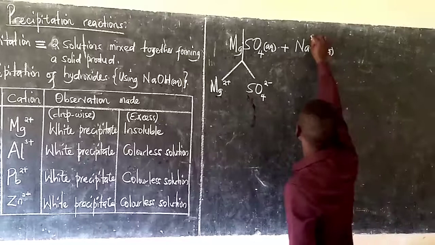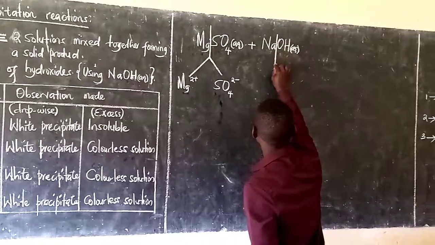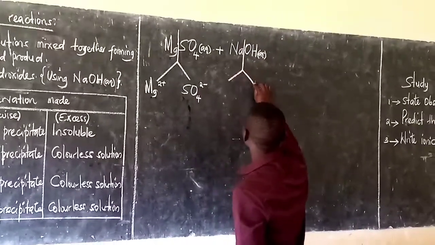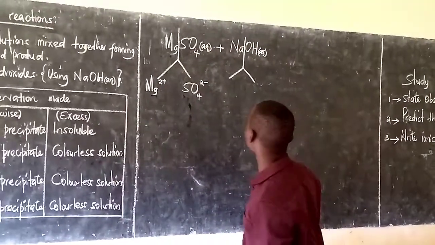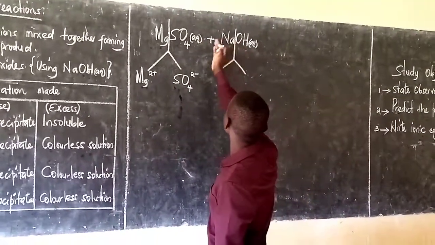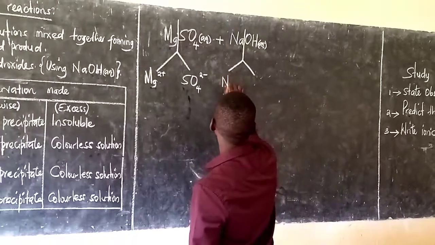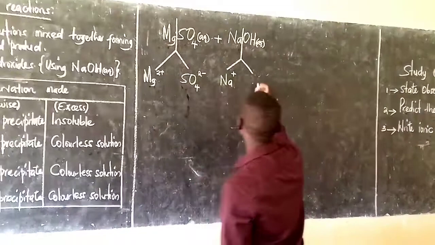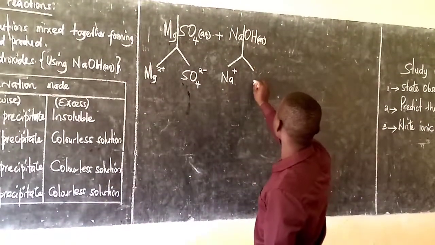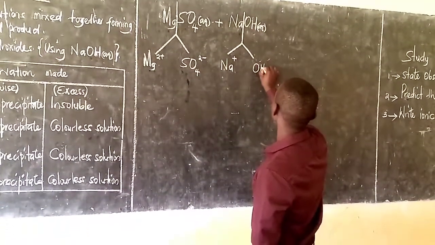Then also this sodium hydroxide solution, how does it give us its species in solution? The positive side is sodium, which has a positive charge. Then we have the radical side, which has the hydroxide.